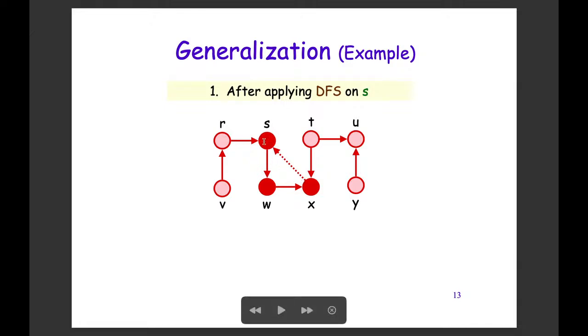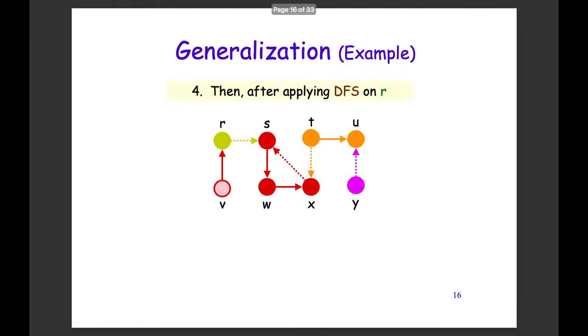And similarly, S can be reached from T this way, right? But the way that you reach it from T is by using a marked node. So in such a case, S will not be in the same tree as T as well. So W will not be, X will not be. So the only case is T and U. Is that okay? So this is the so-called white path theorem.